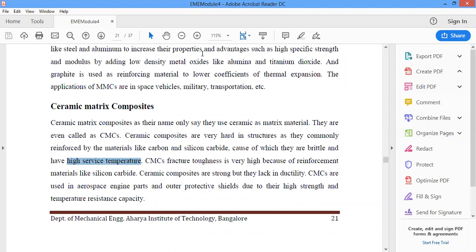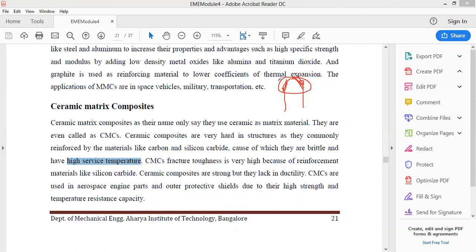For example, if you look at rockets, the nose of the rocket, this particular region on the surface, is made up of ceramic matrix composites. When the rocket enters the earth's atmosphere, there is so much air coming at a very high velocity that the temperature heats up so much that metals will generally get melted.